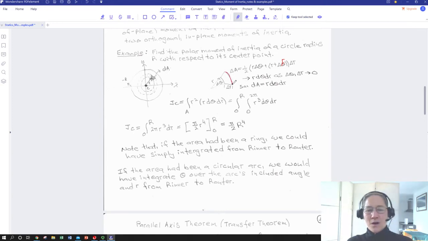So here's your r plus delta r, and then here's your r. So we've defined an average height that goes down the middle.